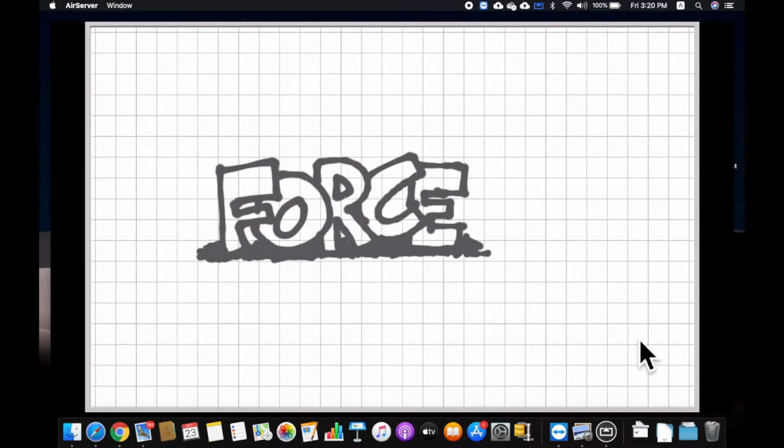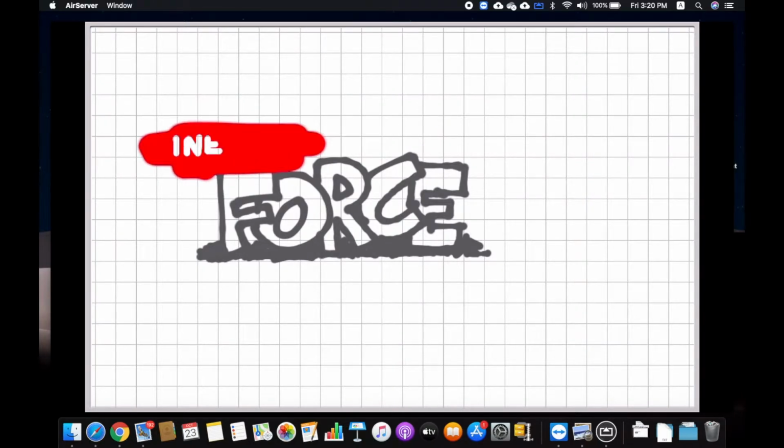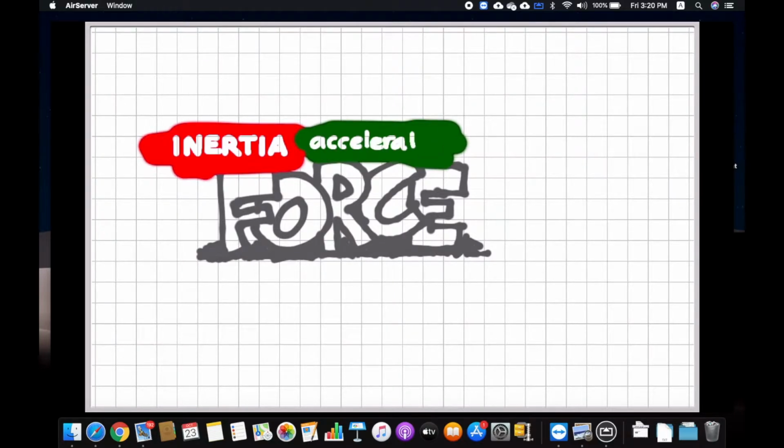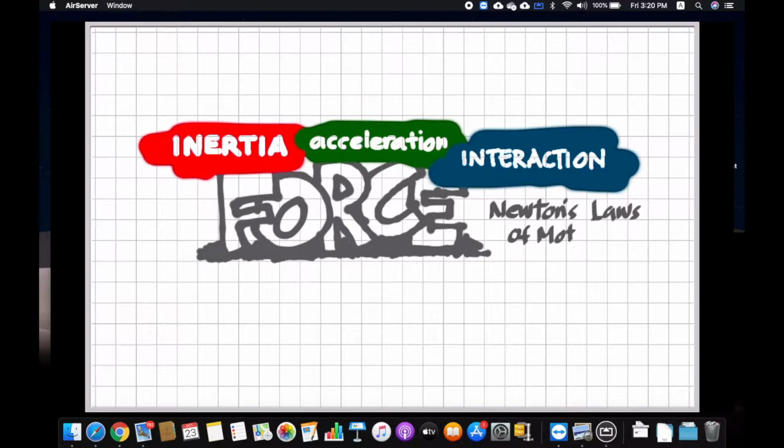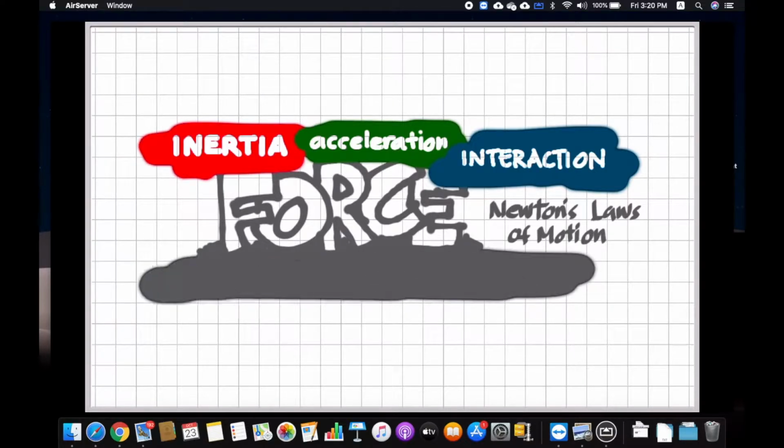So apart from its influence on work done, the other things we know related to force are inertia. We also covered acceleration and the event where forces are produced. We call it interaction. These concepts are summarized by Newton when he formulated the three laws of motion.